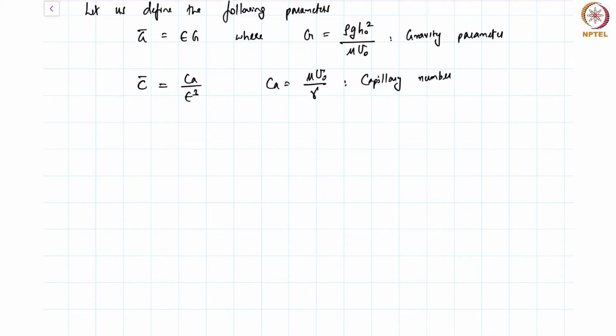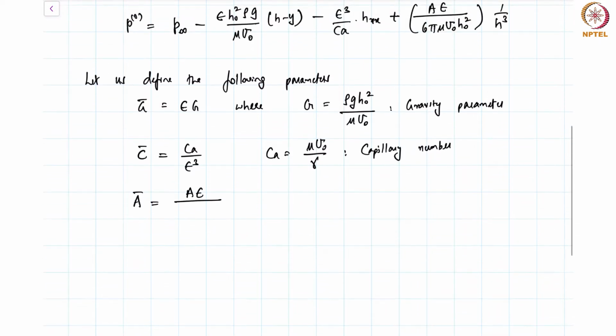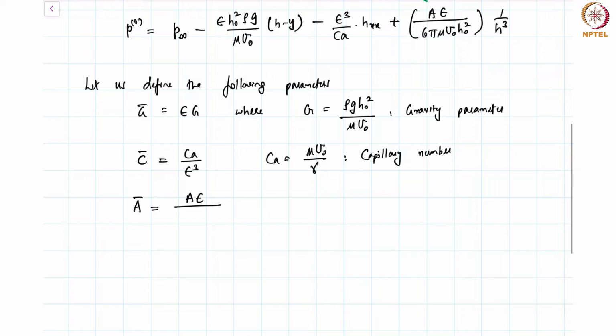And finally we have a parameter A bar, which is nothing but the non-dimensional Hamaker constant. So everything in the brackets essentially goes into this. So this is non-dimensional.